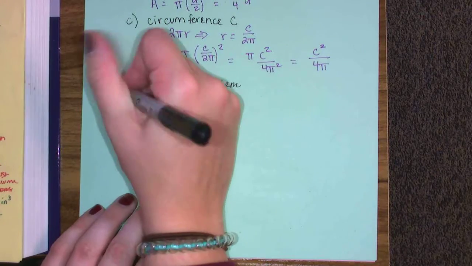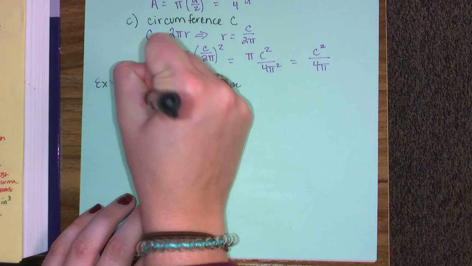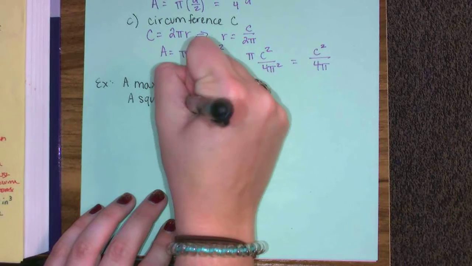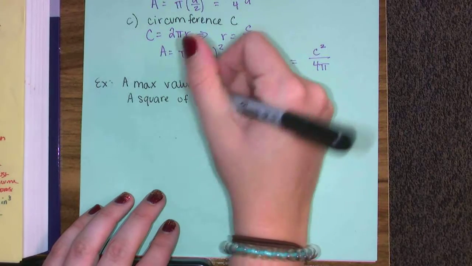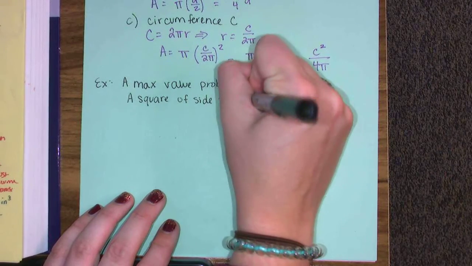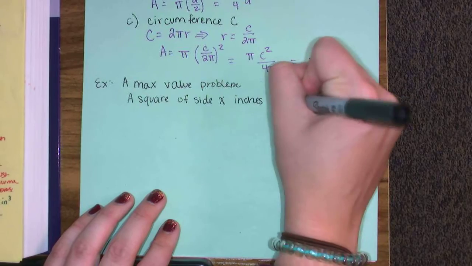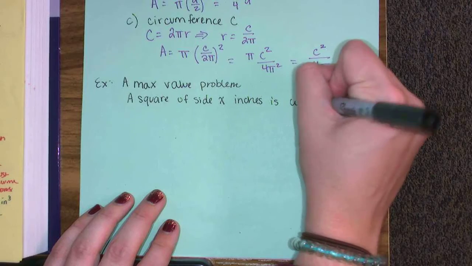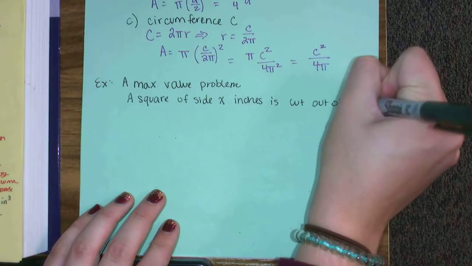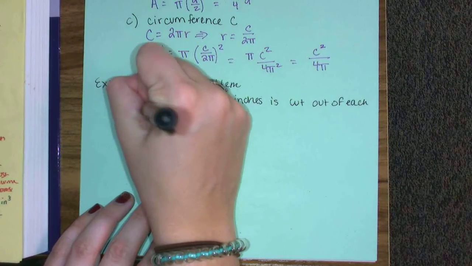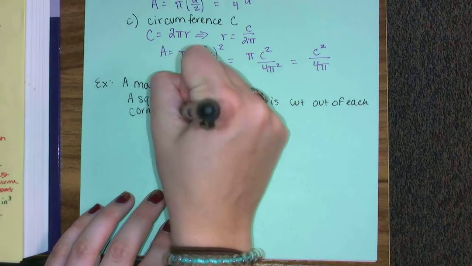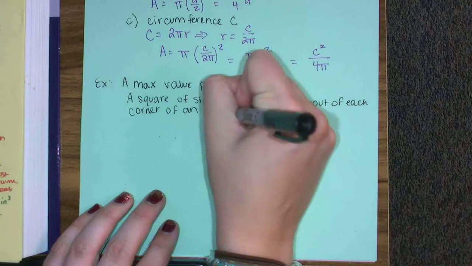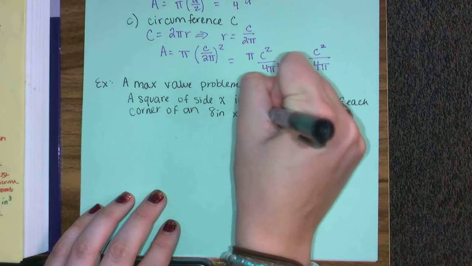So basically we have a square of side x inches is cut out of each corner of an 8-inch by 15-inch piece of cardboard.